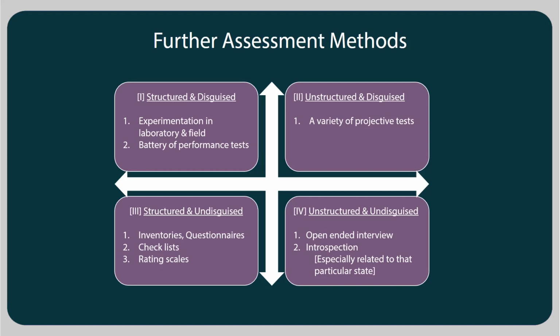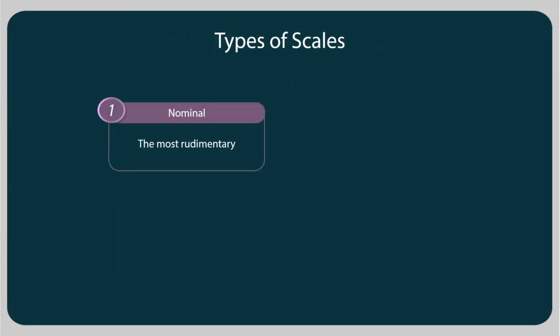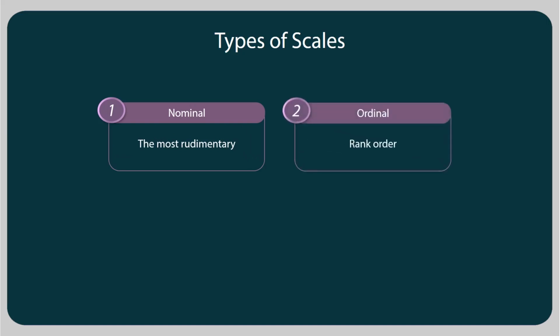Types of scales, we have 4. The most rudimentary one is nominal, where numbers are used just to categorize the type of responses. Otherwise, they don't carry any numerical value at all. A shade better than nominal is ordinal, where we go by the rank order principle.